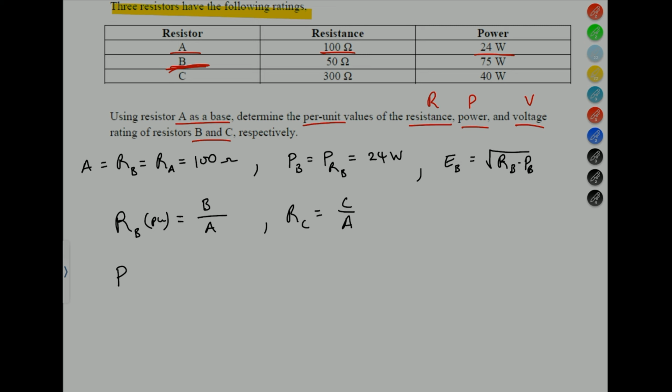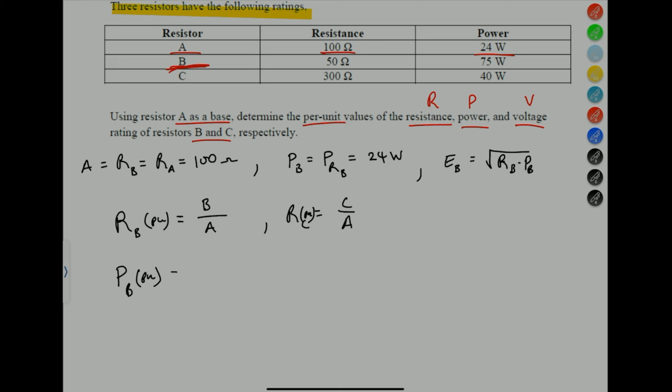Let's just put B. Remember, this is for resistor B. This is not the same as our 24 watt. Maybe a subscript would be a better notation. So that's per unit as well. This here should be per unit.